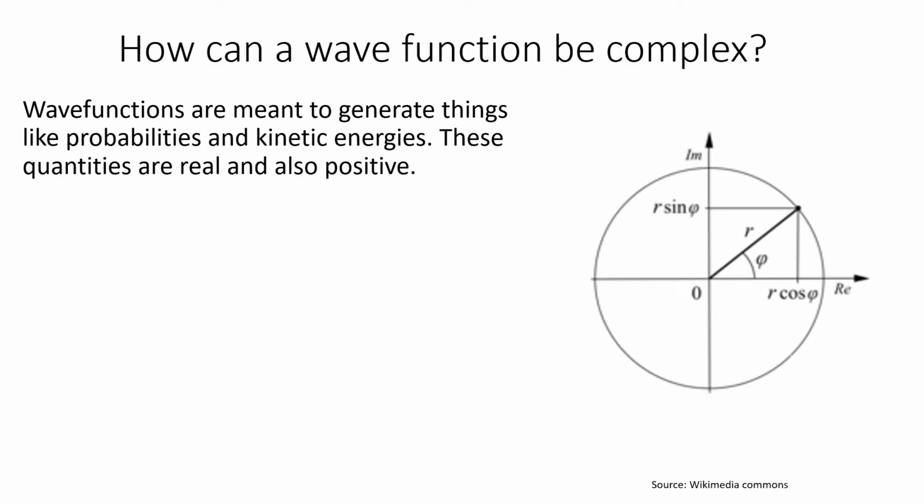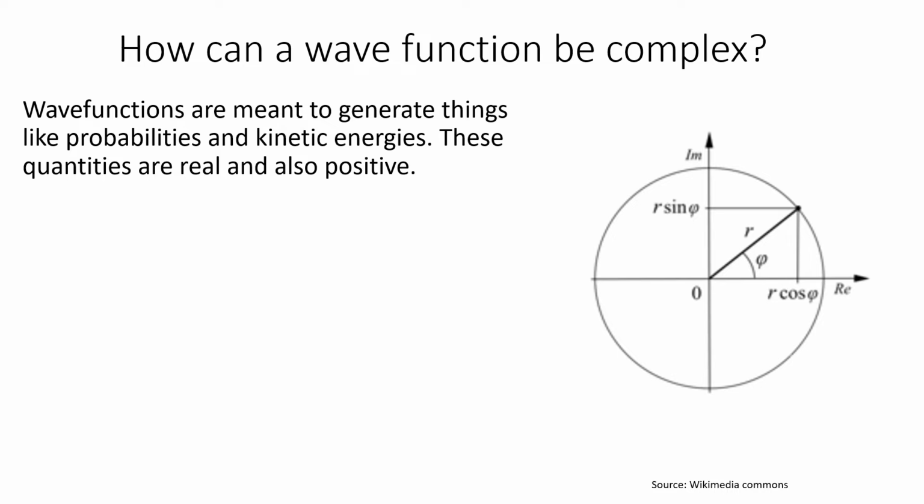And then, to deal with this next question, which may be in your minds, having looked at that function e to the i m phi, how on earth can a wave function be complex? That's to say, it's got this imaginary i in it in the exponent. Because what's the point of a wave function? Wave functions are meant to be telling us things like the probability of finding an electron somewhere, the kinetic energy of an electron, for example.